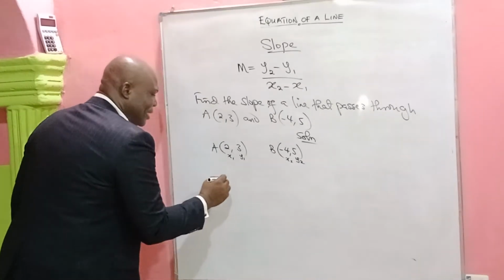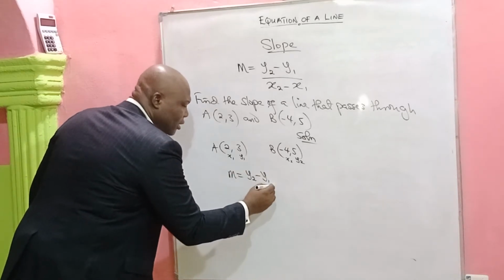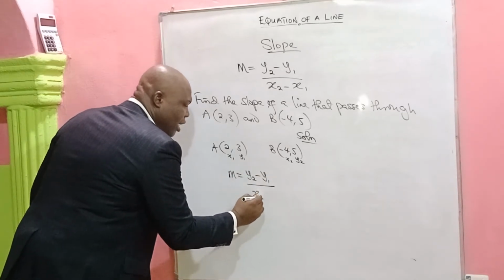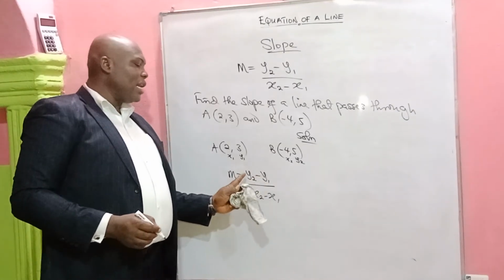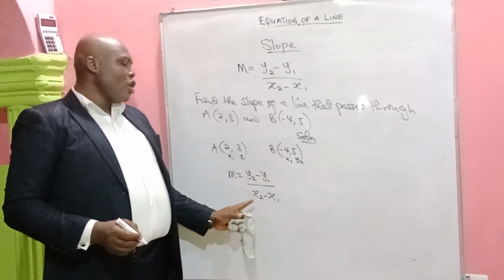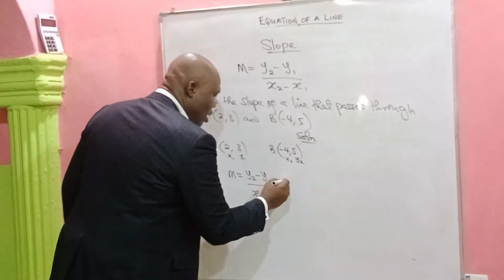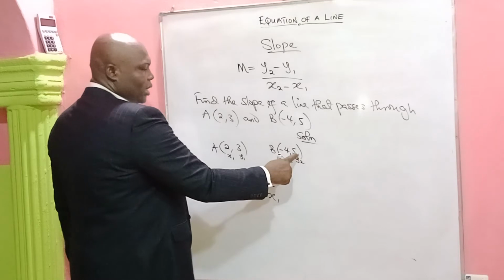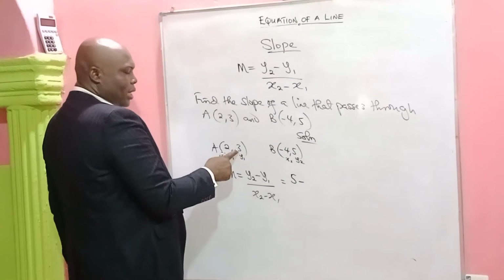And of course, we say that the slope m is equal to the change in the y-axis divided by the change in the x-axis, which is y2 minus y1 all over x2 minus x1. So y2 here is 5 minus y1. y1 is 3.